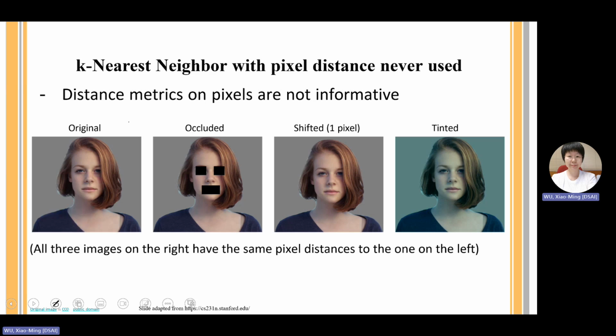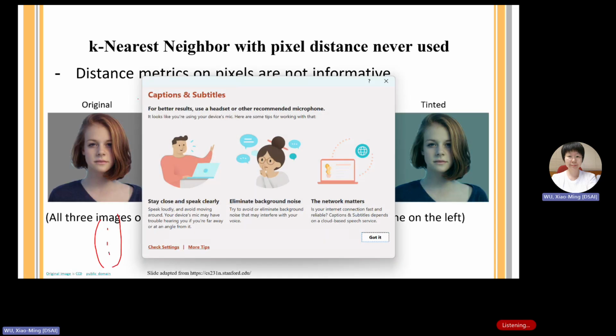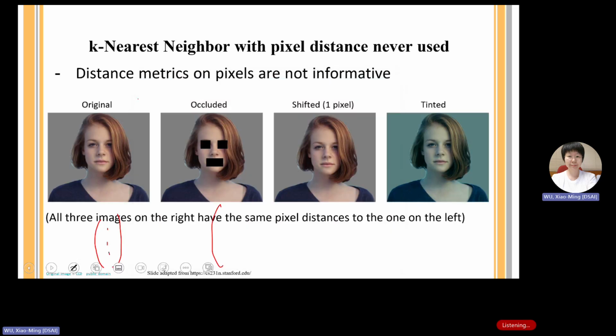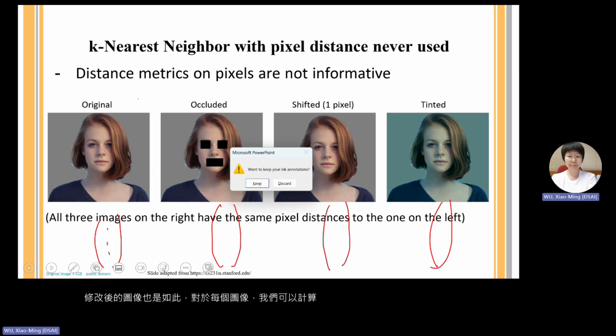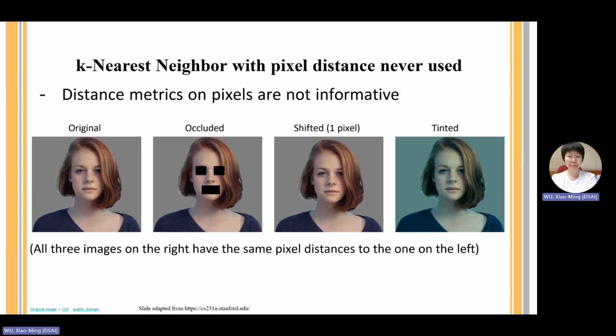So the original image is represented by a vector, and so is the modified image. For each, we can calculate the L2 distance, or Euclidean distance, between the two vectors.